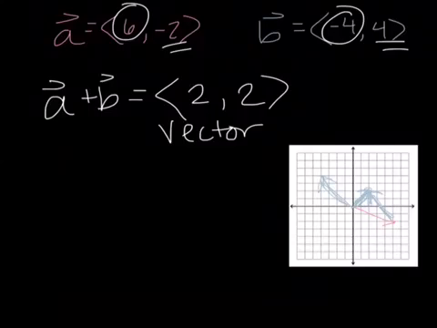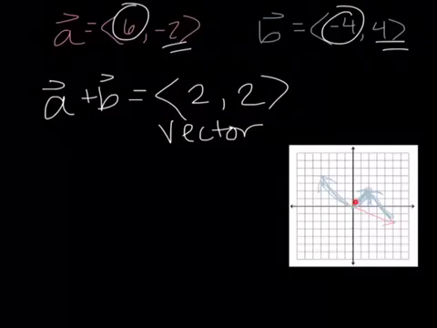They don't have to be in the same spot on the graph. As long as they're pointing in the same direction and have the same length, they're considered the same vectors. They're considered congruent vectors. So if we start B where A ends, then the point where B ends will be the sum of those two vectors.